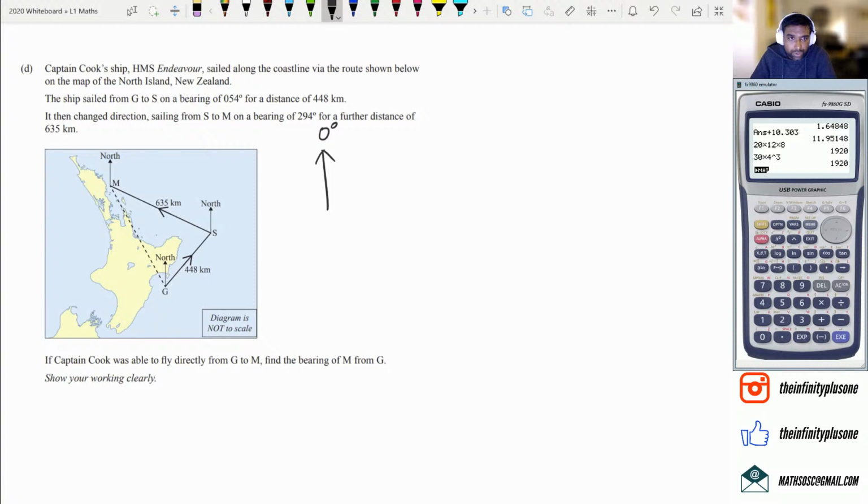Sometimes they put it as 000. And it goes clockwise. That's something you need to remember as well. So if they say a bearing of 054, that means this angle here is 54 degrees from north. It always starts from north and it always goes clockwise.